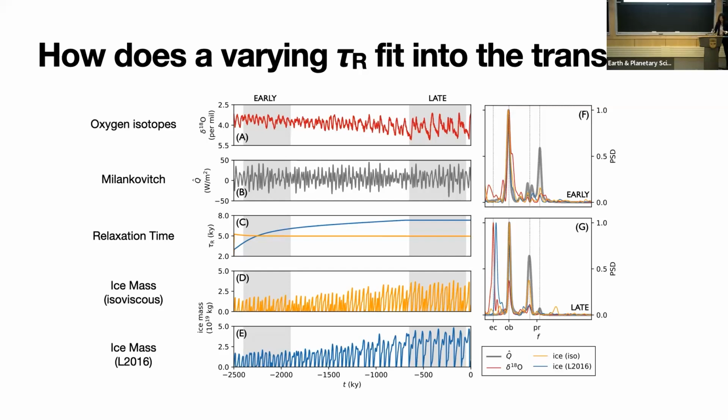Prior to the nucleation of the Laurentide ice sheet, we had a continent that had just sat there for ages, and so it's cold. Unlike hot rock that is low in viscosity, it's cold and strong. And so suddenly you start growing ice, and you're slowly pounding, and these ice ages are getting bigger and bigger.